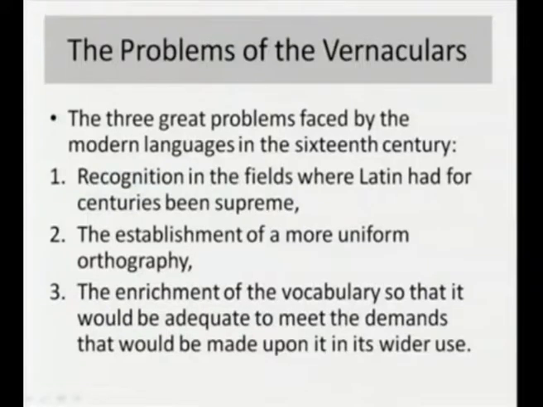Then we also had what Baugh calls the problem of the vernaculars. Okay. The three great problems faced by modern languages in the 16th century were these: A, recognition in the fields where Latin had for centuries been supreme; the establishment of a more uniform orthography; and the enrichment of the vocabulary, so that it would be adequate to meet the demands that would be made upon it in its wider use.